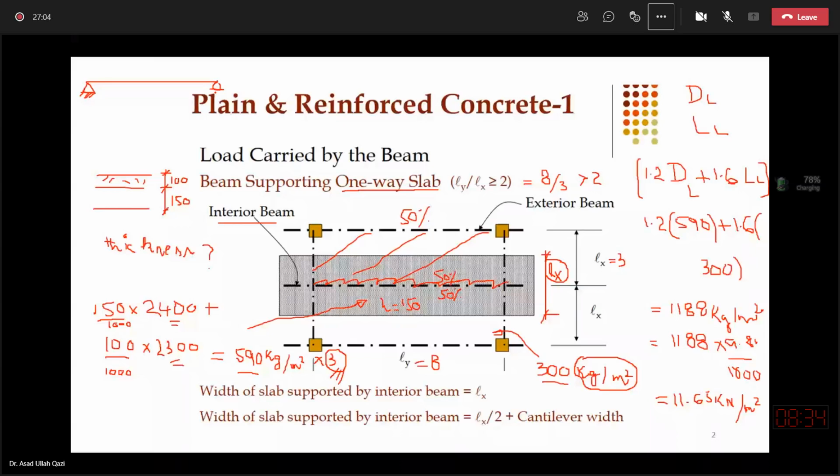So if I assume that end conditions are still simply supported and I am not having any negative moment at the end of the beam, or I am assuming at the moment these ends are free to rotate, then I can say that 8 meter is the span of this beam and this beam has the UDL on it equal to 11.65 into 3.